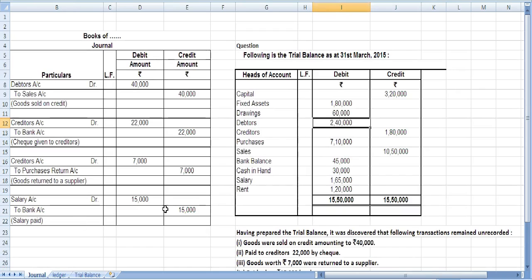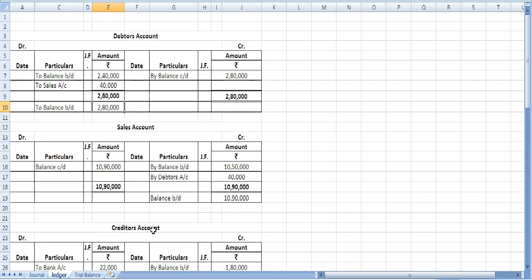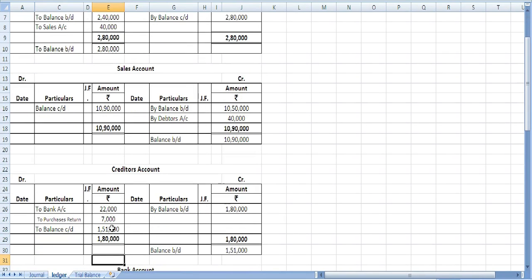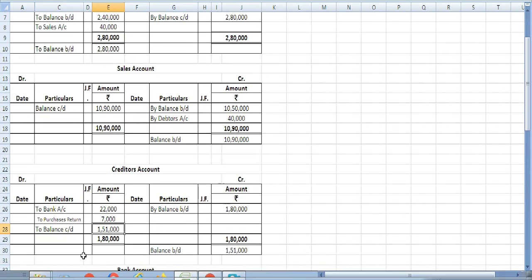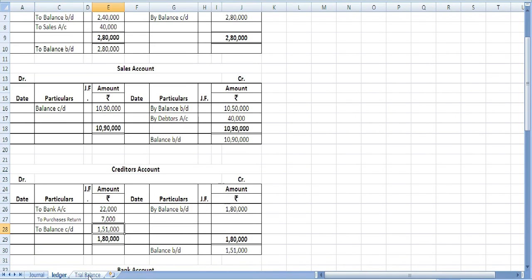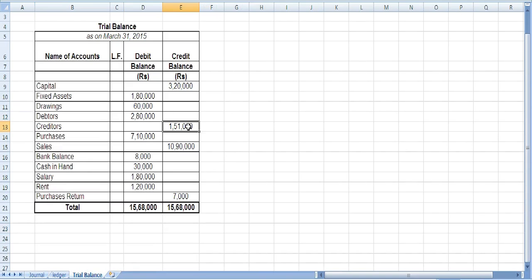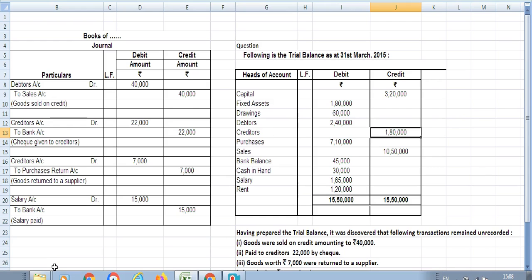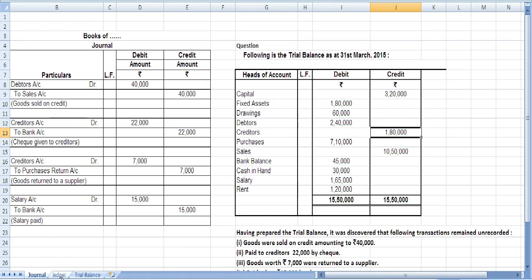Creditors, before it was 1,80,000. The ledger tells the balance for the creditors. The new balance here is 1,51,000, so we'll write down the changes here, that is 1,51,000. Purchase, let us check. There is no change for the purchase. Sales, we have a change in the sales. We'll go to the ledger.